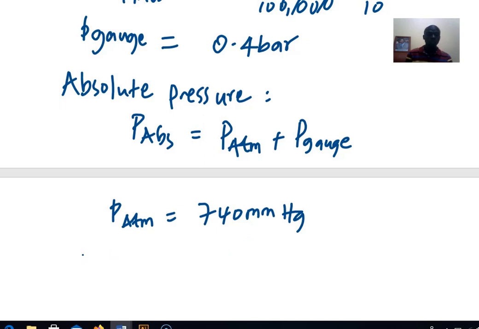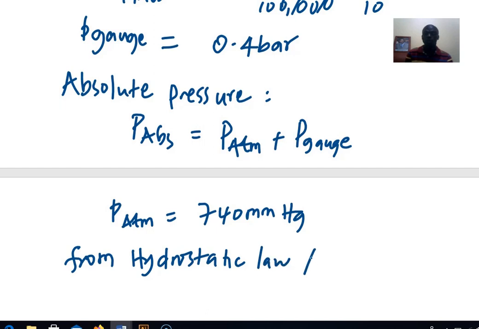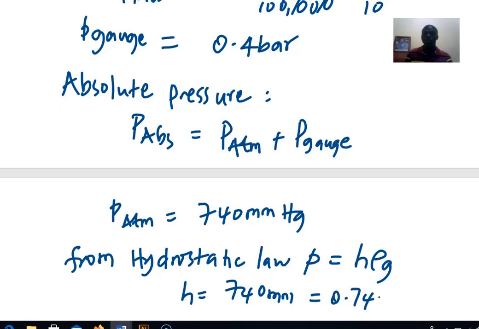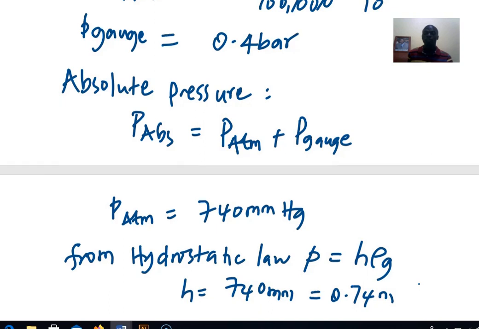So from the hydrostatic law, we know pressure is equal to H rho G. H, we have it, H is 740 millimeters, which is the same as 0.74 meters of mercury.